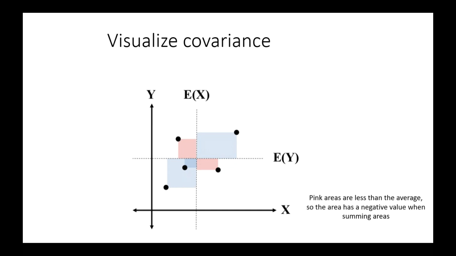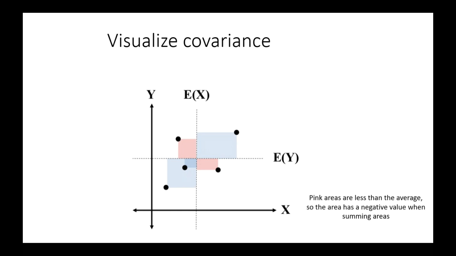One way of doing it is to say the area from this point to the center is marked up by this pink square. And the other area over here from that point we'll call a different area. These points are blue because those are negative, so we have to introduce positive and negative areas, which is the two different colors. Basically you sum up all of these different areas, the positives and the negatives, and you call that your covariance.